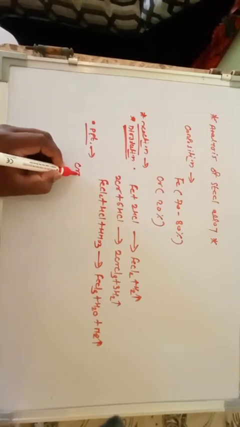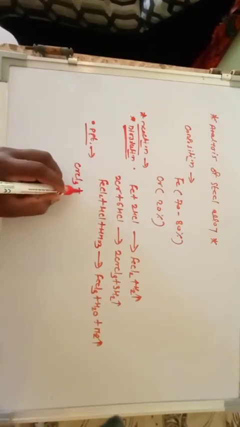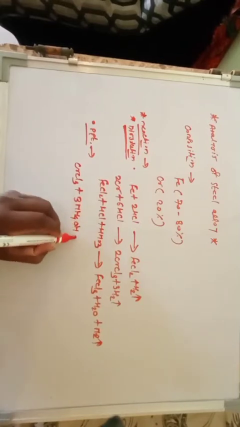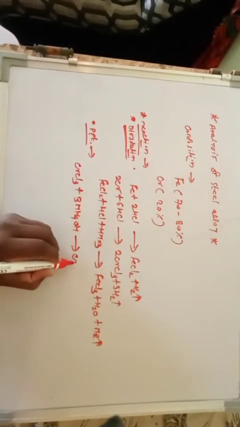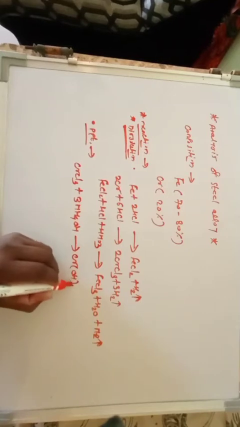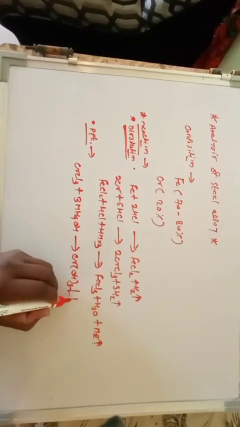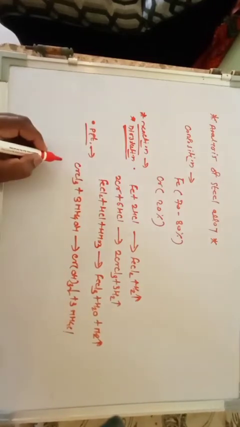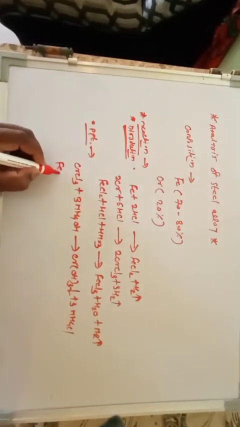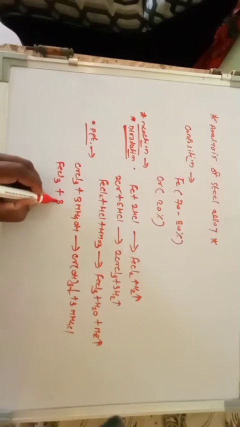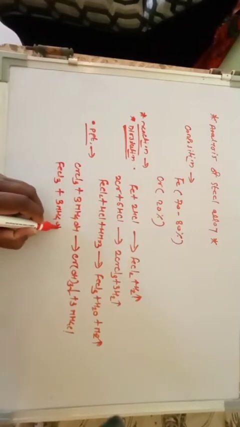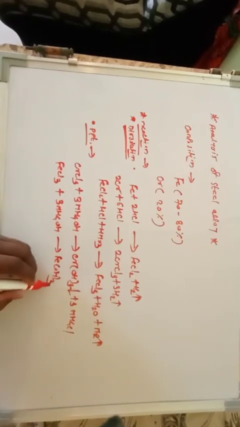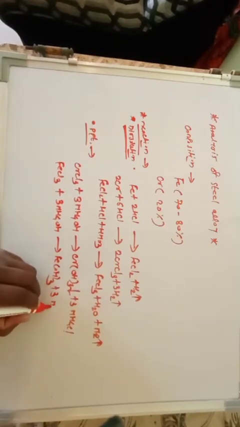So CrCl3 reacts with 3NH4OH, and it will convert into Cr(OH)3 as a precipitate plus 3NH4Cl. Again the FeCl3 also interacts with NH4OH, and it will convert into Fe(OH)3 plus 3NH4Cl.